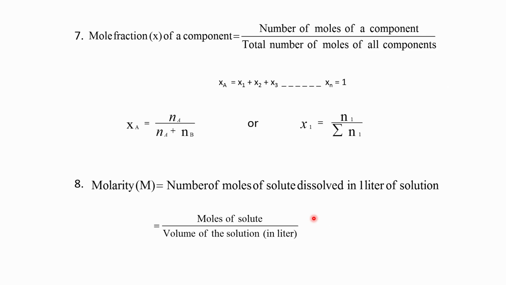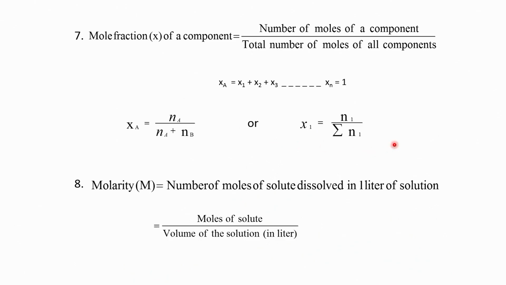We can call it anything, there is nothing sacred about x. So, the number of moles of a component divided by the total number of moles of all components, that is x A. It refers to the number of moles of A divided by the total number of moles, Na plus Nb plus Nc.